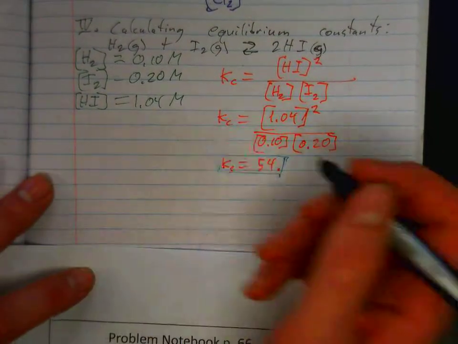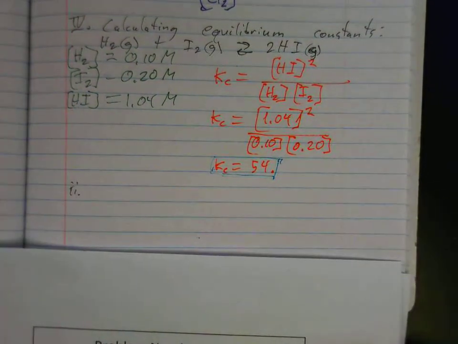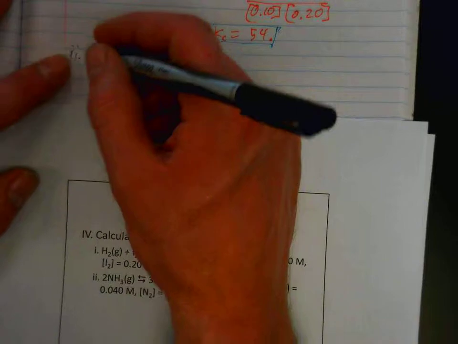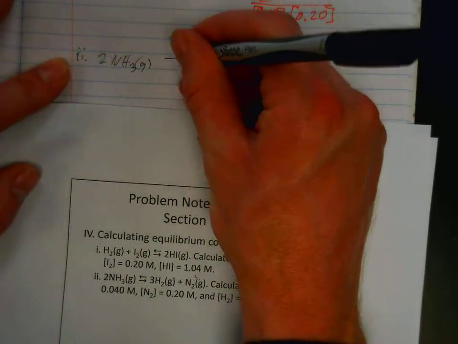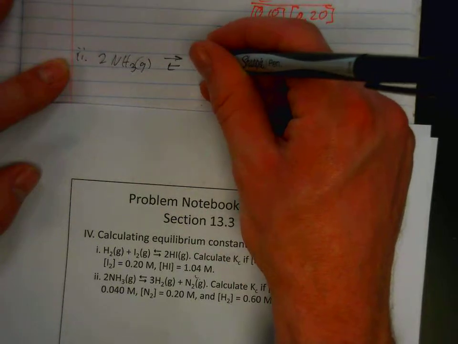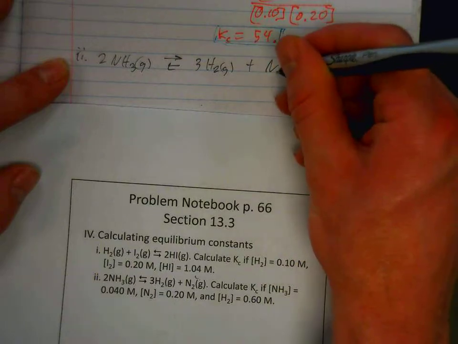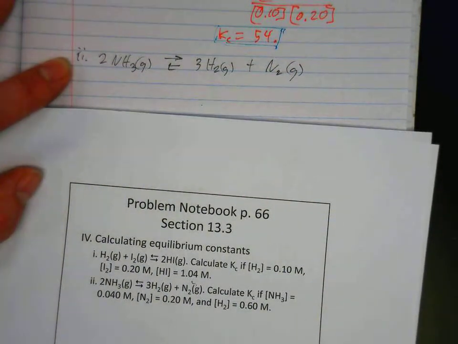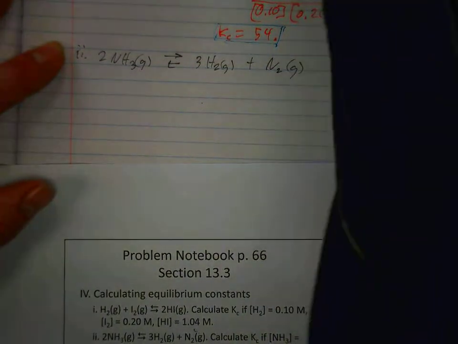So if we look at the last example, example 2, we have the equation 2NH3, ammonia, makes 3 H2 plus N2. And again, we're given the numbers, and so we take the same approach.